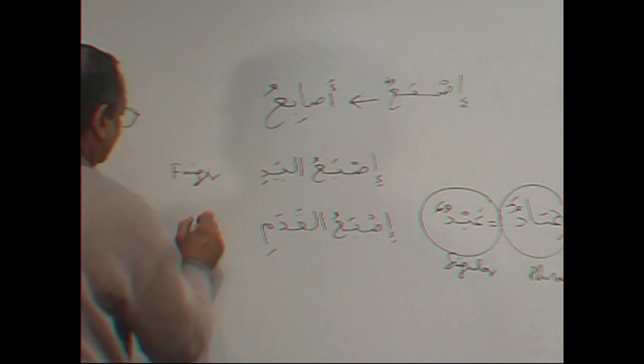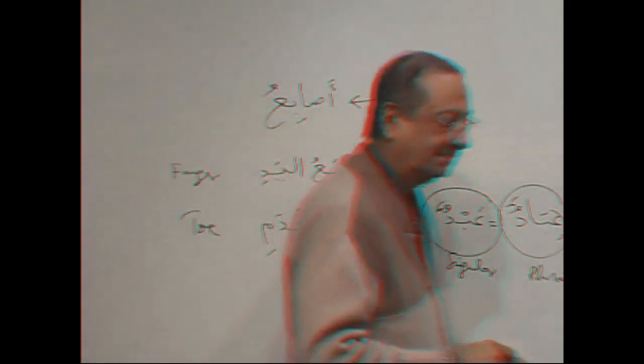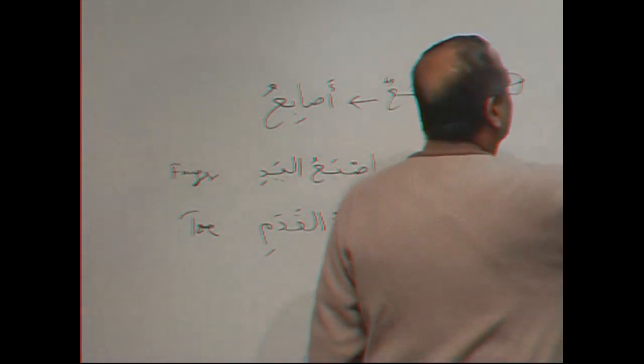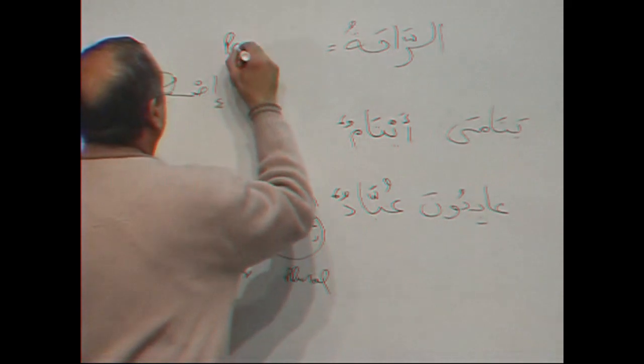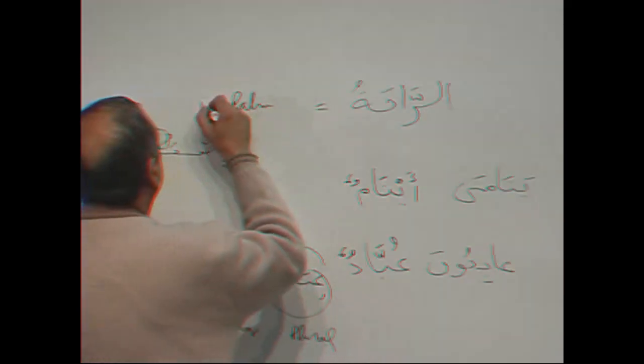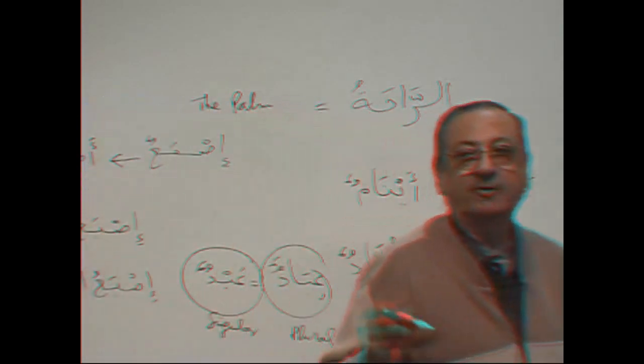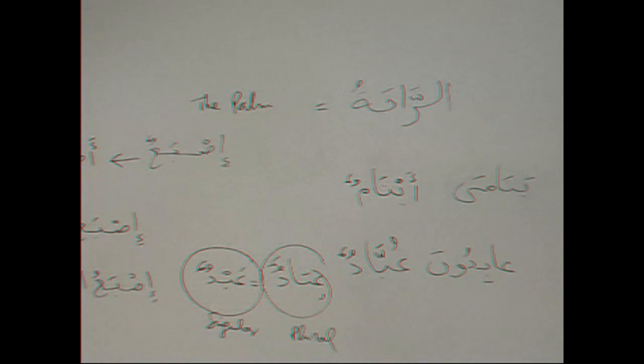How will you translate toe? What will you call toe? Isbaul kadami. Got the idea, brothers and sisters? Finger and toe. Also write down one more thing, brother. Very nice noun. What will you write down, brother? Rahatu means palm.